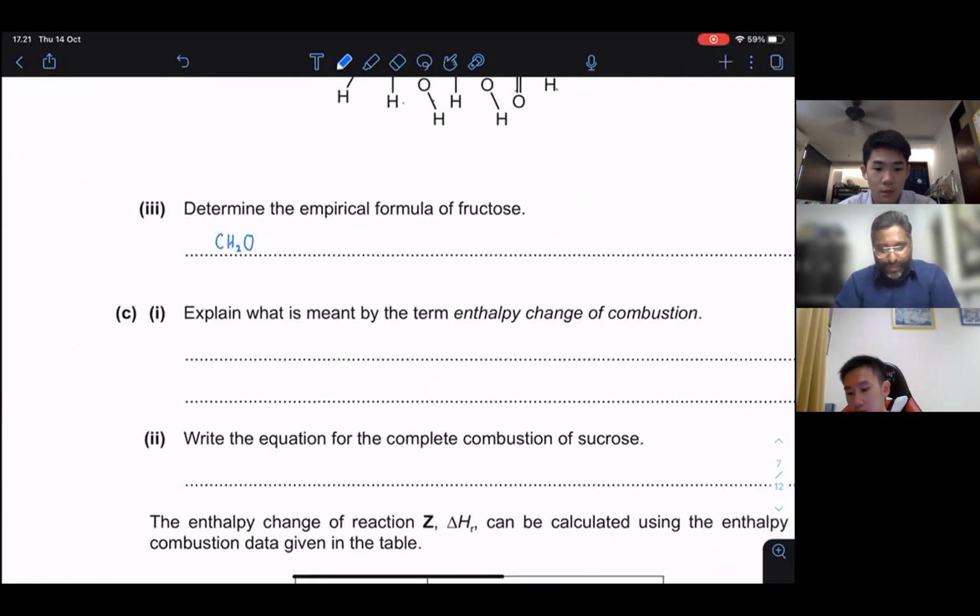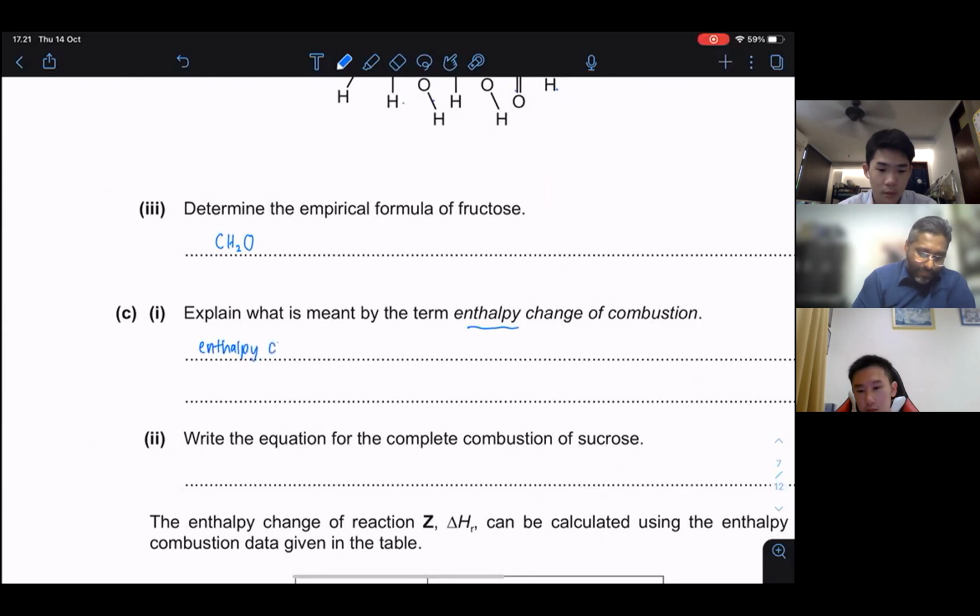Now, explain what is meant by the term enthalpy change of combustion. If you want to write down, you always start with enthalpy change. Enthalpy change, or in simple form, heat change, but you can actually use enthalpy change, it's okay.